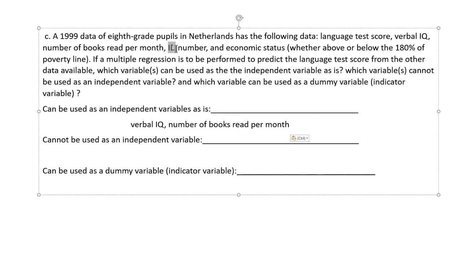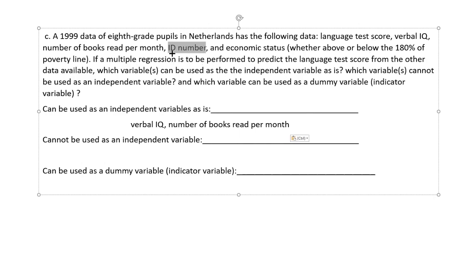How about ID number? Well, ID number is just assigned randomly, so it has no bearing or meaning to the person. So this is data that you should never include in your linear regression, because it has nothing to do with your language test score.